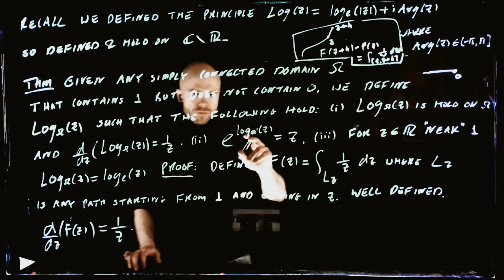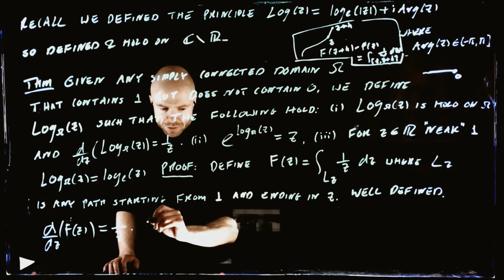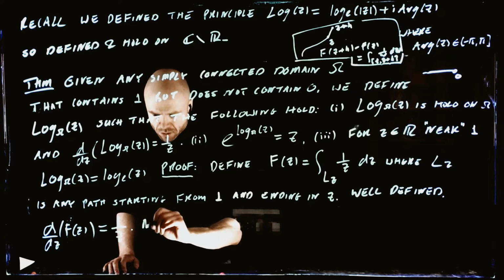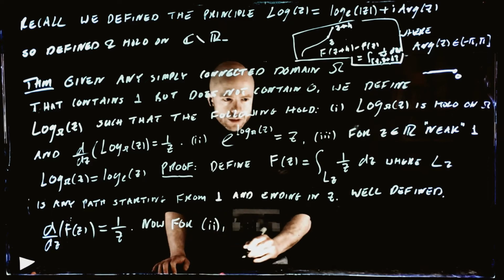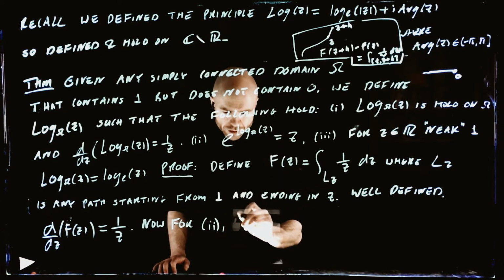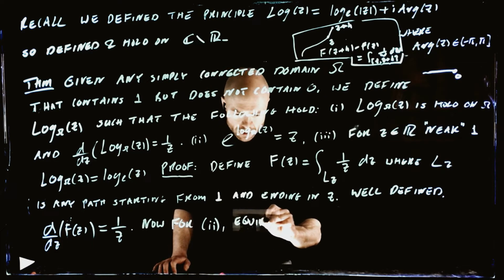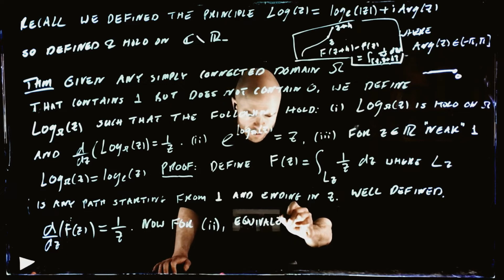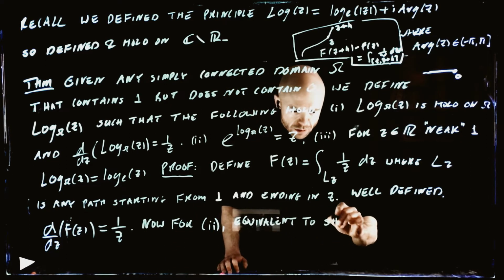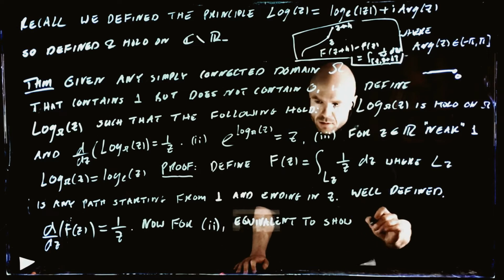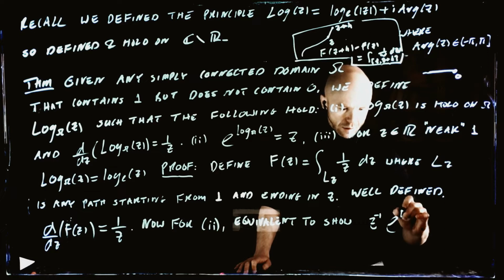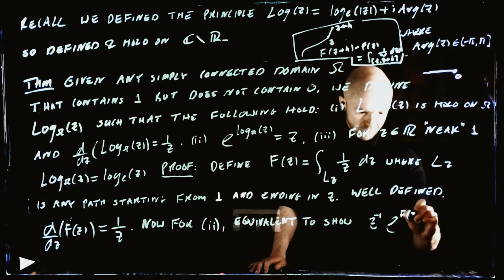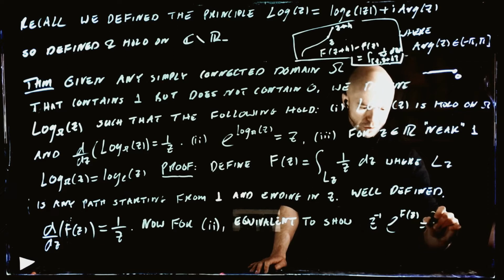Okay, point 2. We want to show this. So it's equivalent to showing that z to the minus 1 e to the capital F of z is equal to 1.